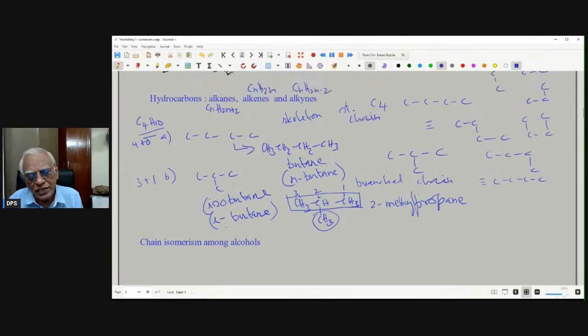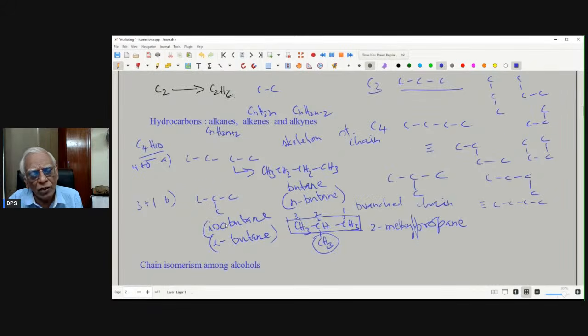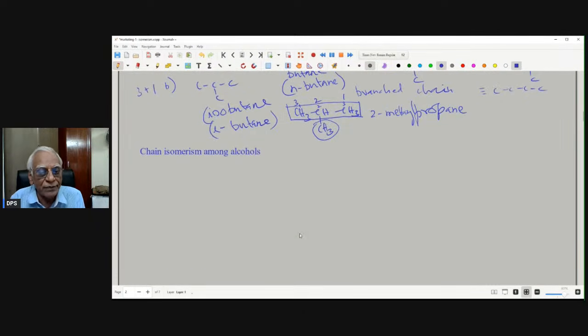We are going to see a lot more examples among alcohols, alkenes, alkynes, etc. All functional group types of compounds exhibit chain isomerism, because they have different carbon chains. Among alcohols, for example, let me take C4H9OH.